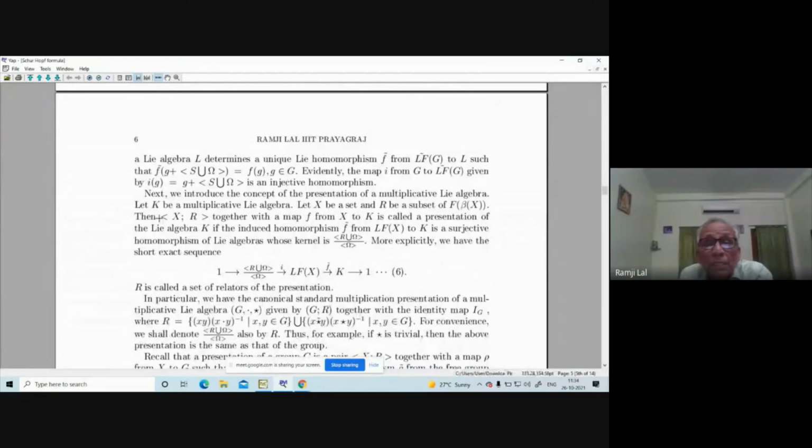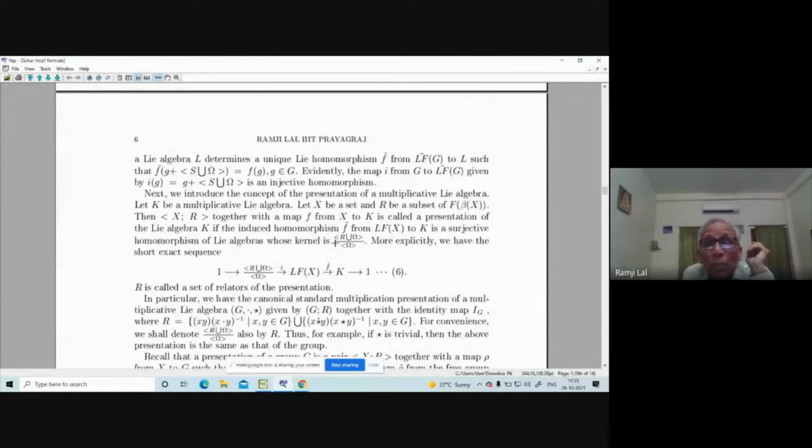So let K be a multiplicative Lie algebra, X be a subset and R be a subset of F_β(X). Then (X, R) together with a map f from X to K is called a presentation of the multiplicative Lie algebra K if the induced map L(f) from L(F(X)) to K is a surjective homomorphism of Lie algebras whose kernel is precisely R union Ω, the earlier trivial relations which were derived from the definition of the multiplicative Lie algebra, modulo this.